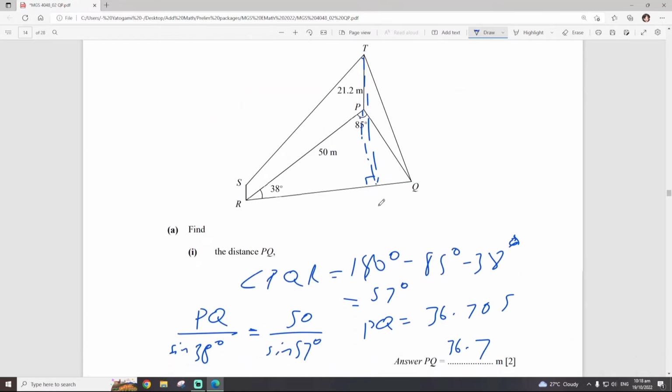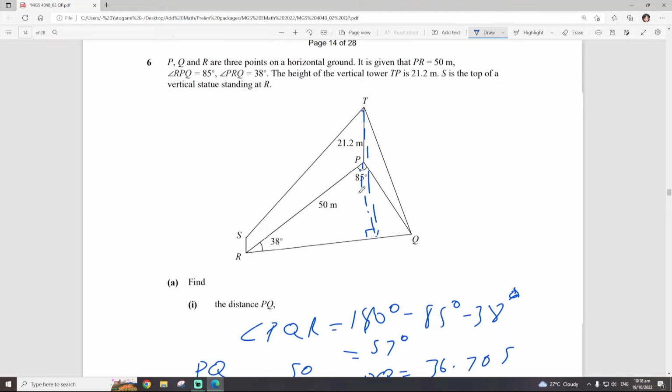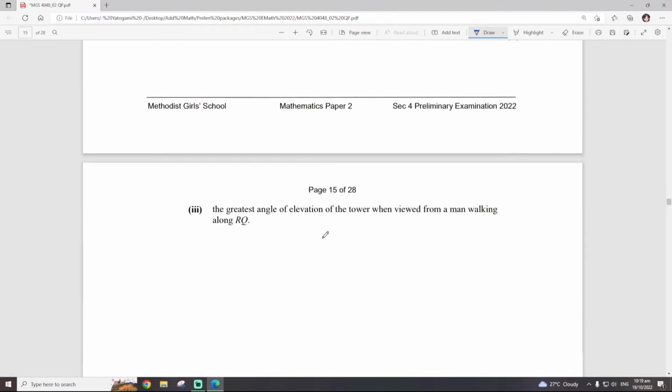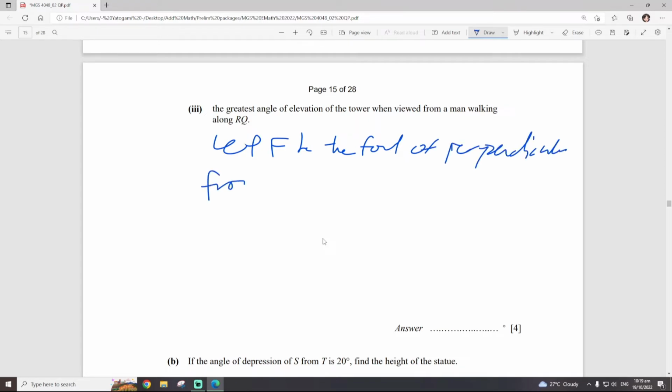To get a right angle, let me call this F. So we let F be the foot of the perpendicular from P to RQ.